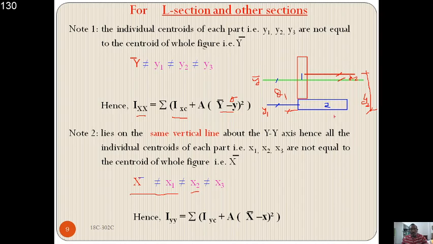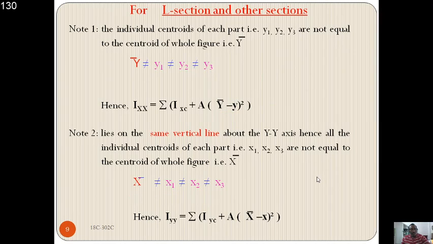Similarly, if you take the case of the same L section for the calculation of Iyy, let us say this is the L section.